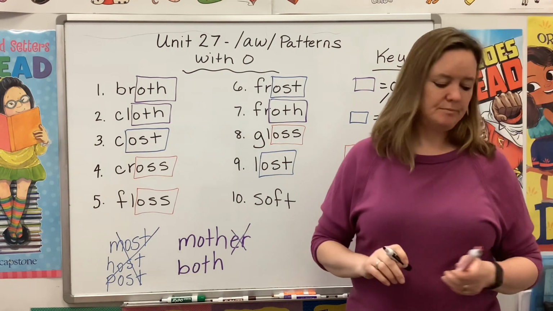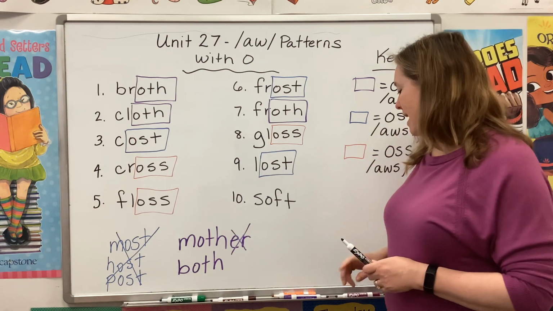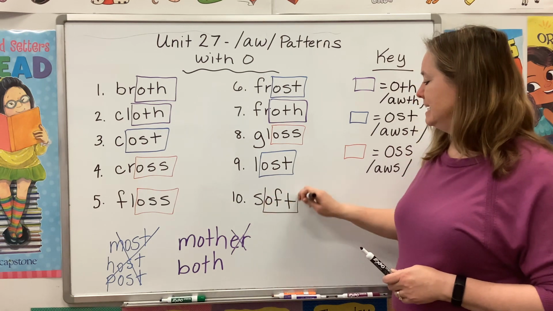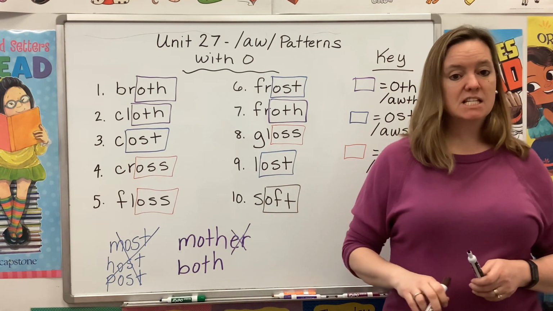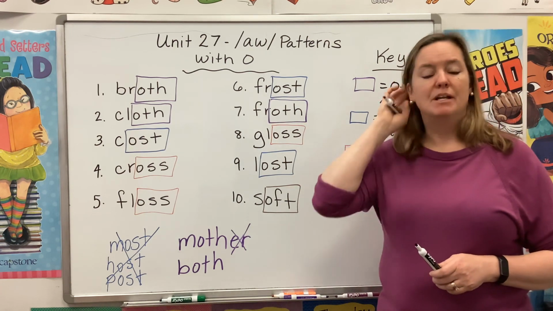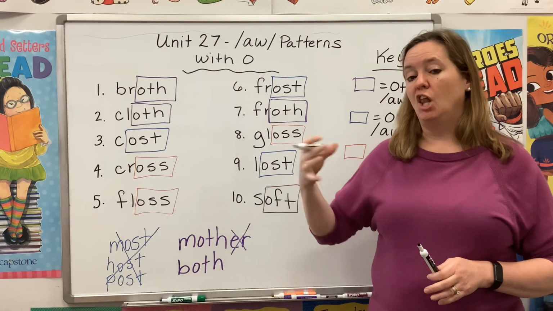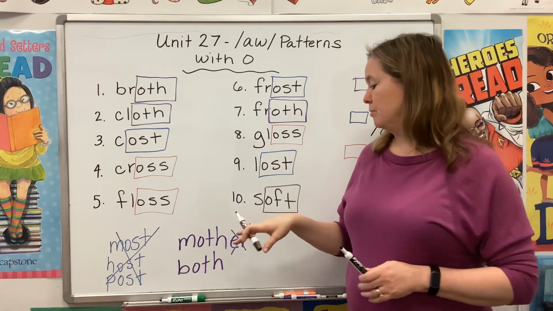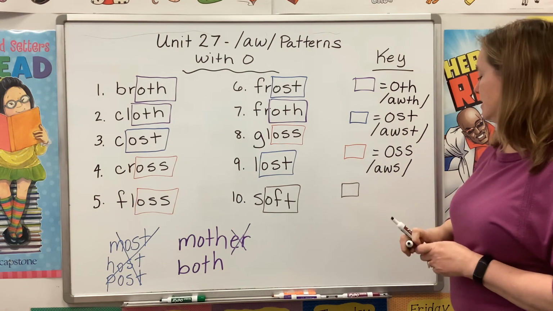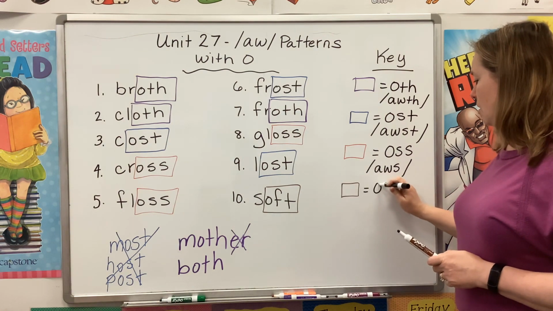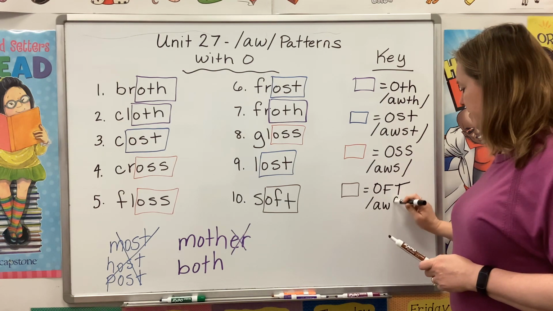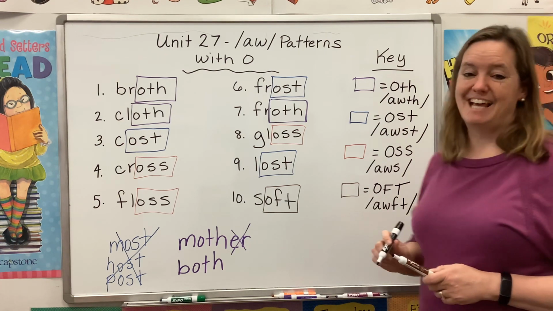Okay, we have one pattern left, and that is the OFT in soft. We don't have any words that rhyme with it on this list, but another word you might know is loft. That also rhymes with soft. So brown chunk equals OFT, and that will make an oft sound.